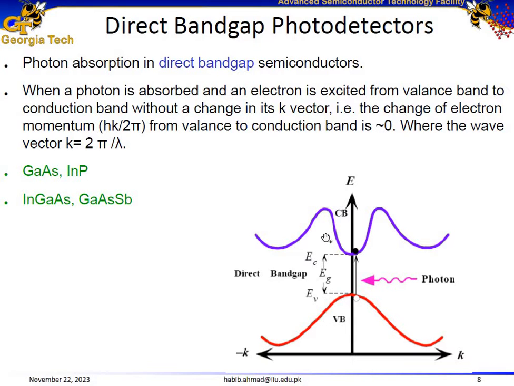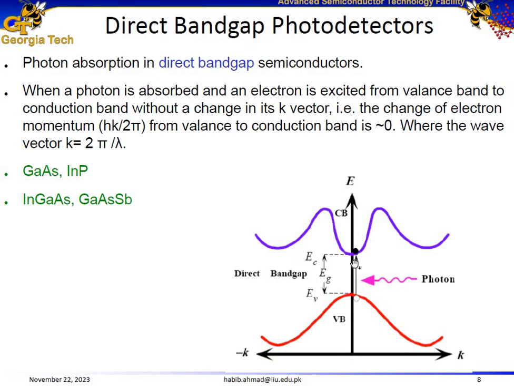We know that electrons have a tendency to try to settle down at the minimum of the conduction band. So electrons in this structure would try to settle down over here. And similarly, we also know that holes are inclined to settle at the top of the valence band. So in this valence band, holes would try to settle down over here.